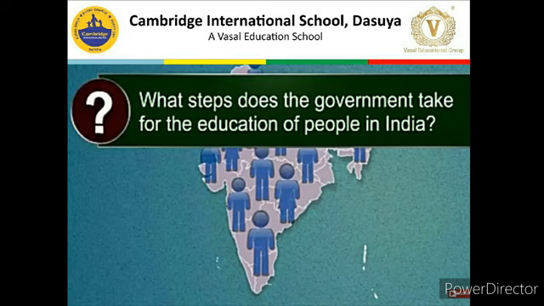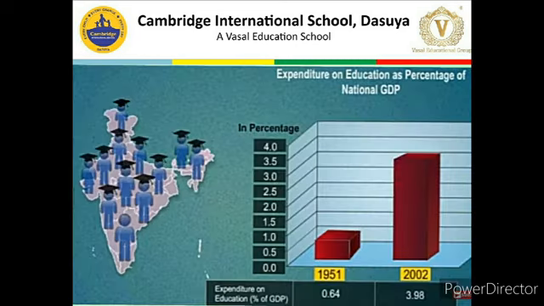First of all, you should know that the expenditure on education as a percentage of GDP rose from 0.64% in 1951 to almost 3.3% in 2013-14.